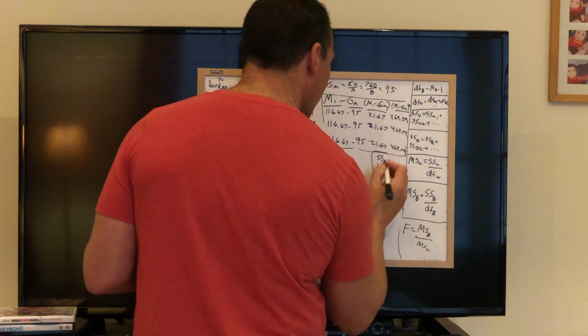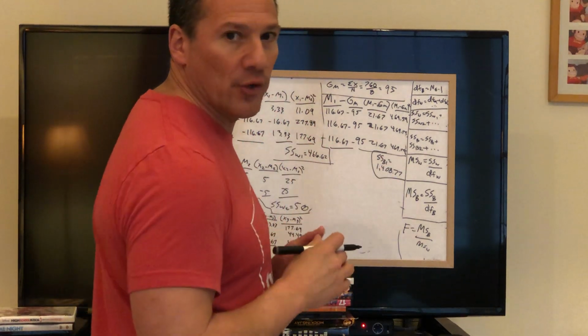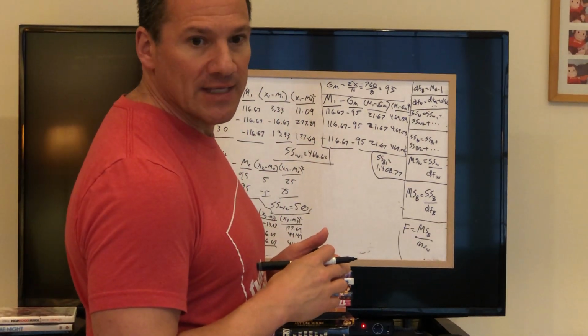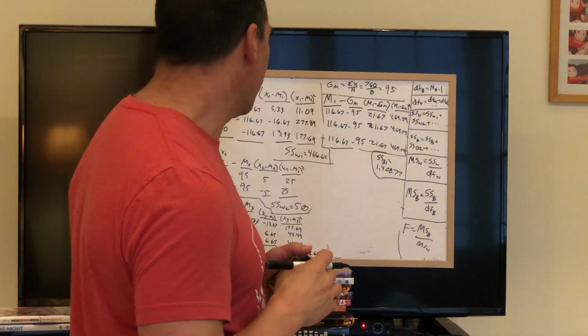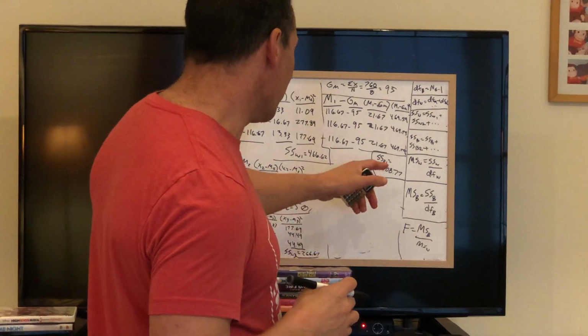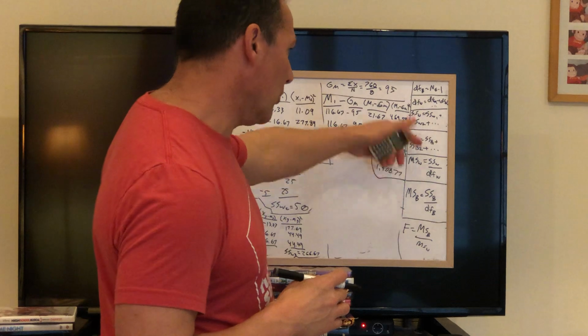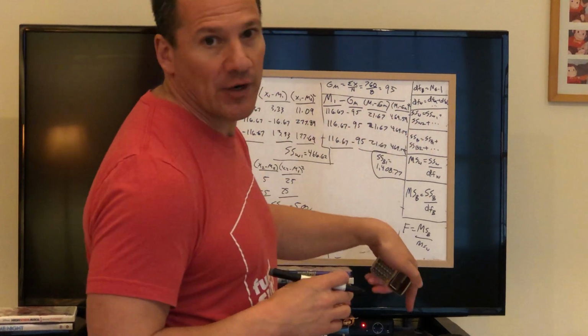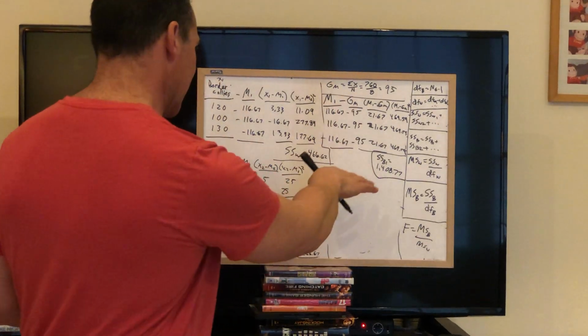Okay, I'm gonna circle that. That's an important number. That's SSB1. That's gonna go into big SSB, which will go into MSB, which will go into our F ratio. So we're holding on to SSB1.